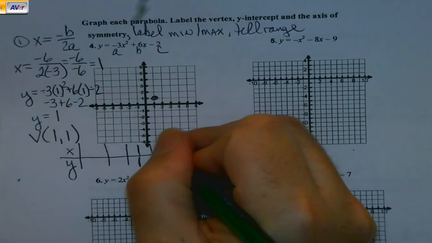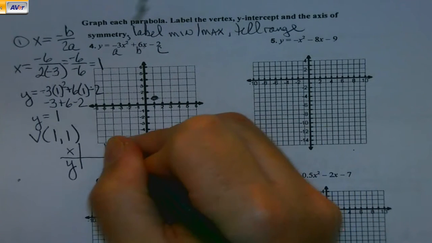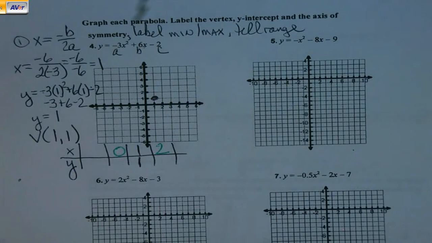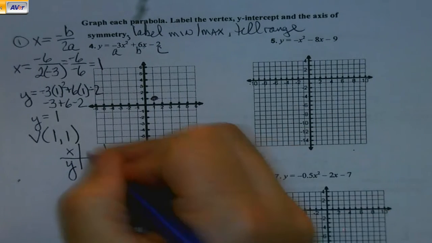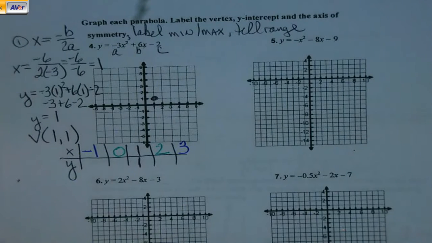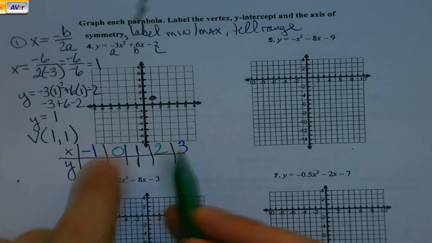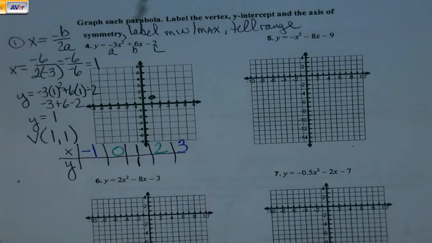I add 1 as I go to the right. I minus 1 as I go to the left. So I could get that set up. And so now, remembering that these two are going to get me the same answer and these two are going to, I've got options.